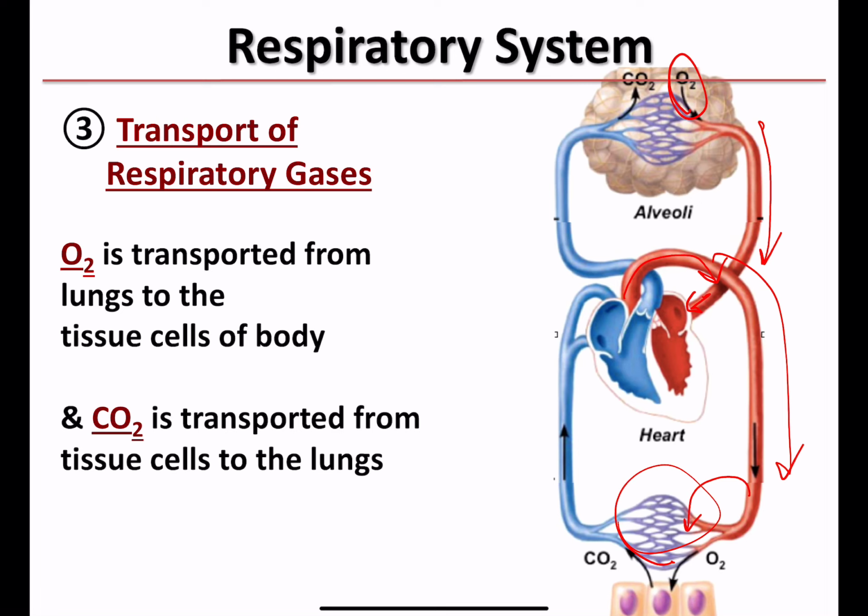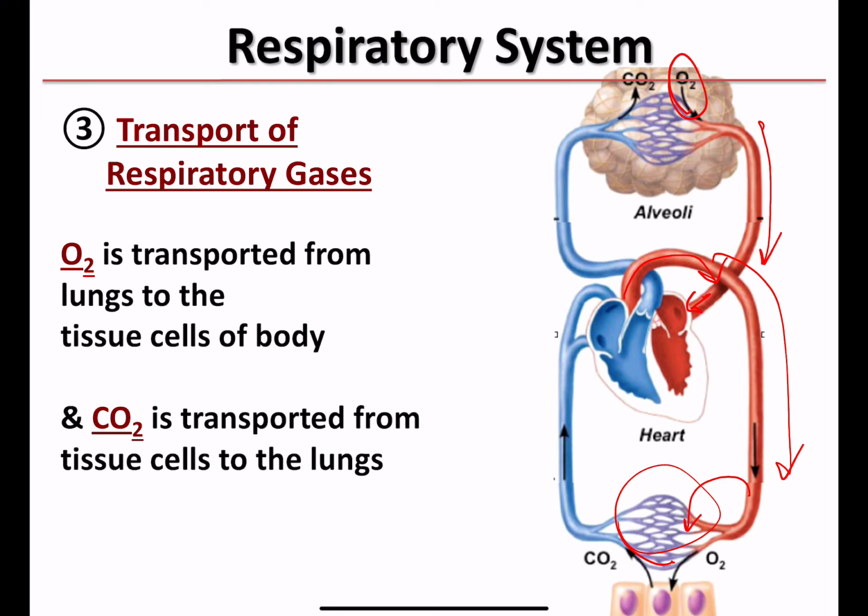All right. At the same time, at the level of the tissues, we have lots of CO2 being produced by those cells as a byproduct of their cellular respiration. That CO2 is unloaded into the venous side of our systemic circuit, into that deoxygenated blood that is being collected from these capillaries that service the trillions of cells of the body.